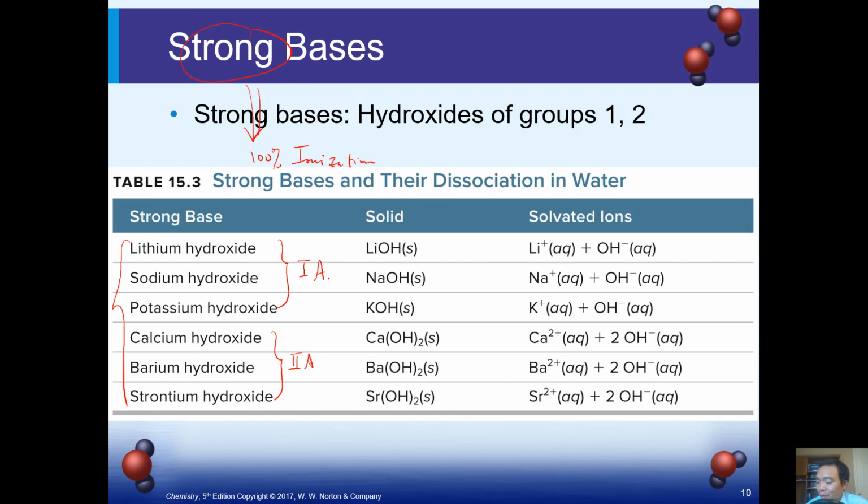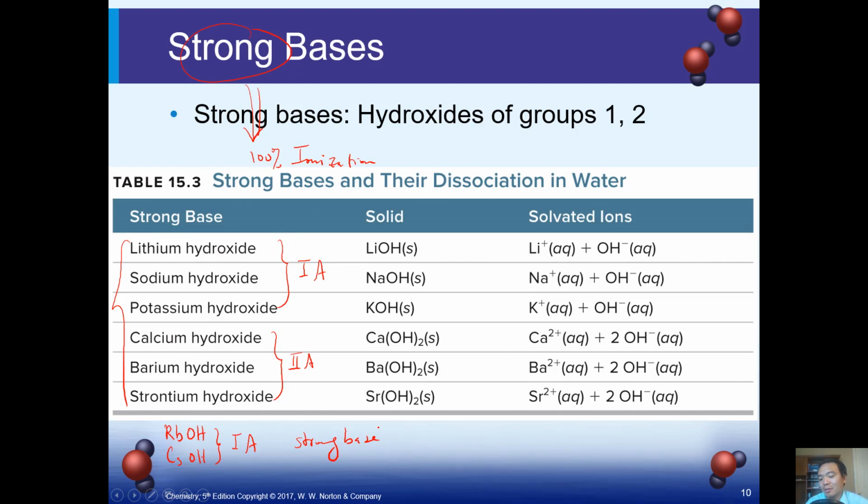Actually for group 1A, we should add 2 more. So rubidium hydroxide, cesium hydroxide, these are also from 1A, and they are also strong bases. So basically you have 8 of them to memorize.